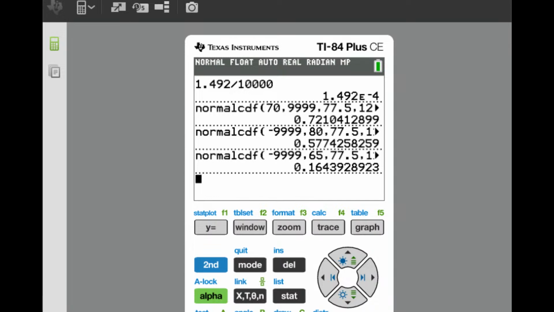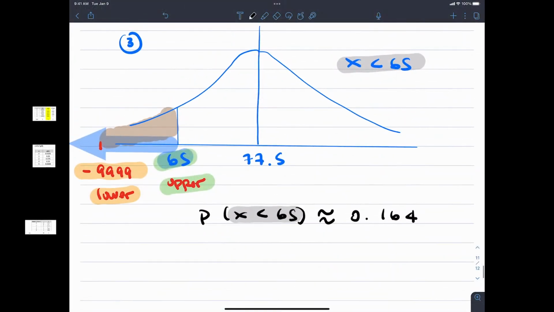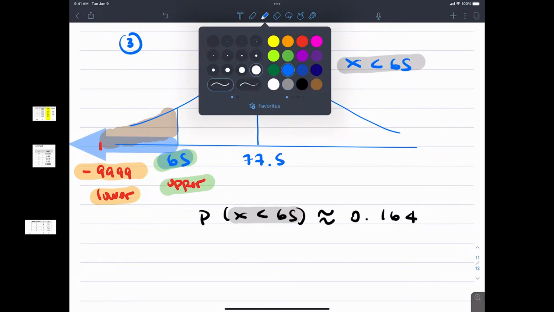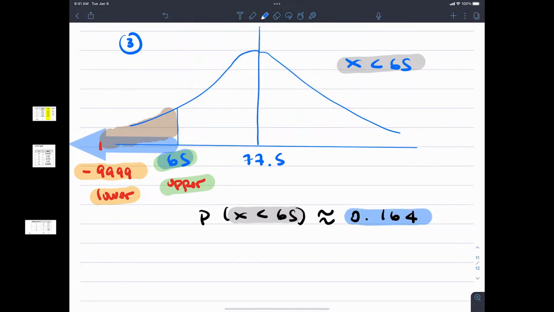So what do you get? Approximately what? 0.164. Good job. Okay. So here's the answer as a probability, but as a percent, what does that give you? 16.4%. And there it is.